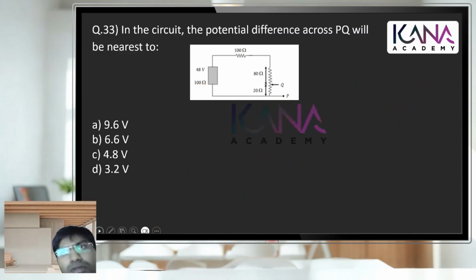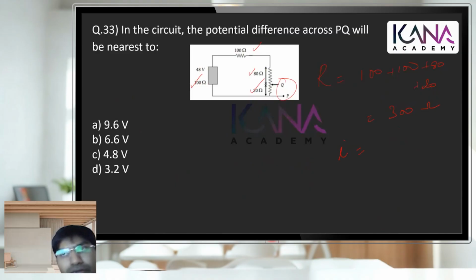Another question, circuit based question. You need to find the potential difference across PQ, which will be nearest to which of these values. So first, if we look at the total resistance, R is equal to 100 plus 100 plus 100, then 80 plus 20. 80 plus 20, so it is 300 ohms.